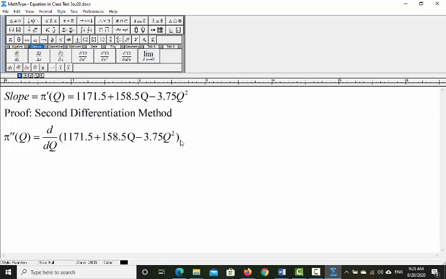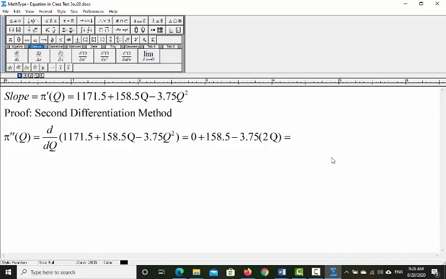This one has no variable, so this is 0 plus, and here we have only one Q, so that means 158.5 Q, sorry 5, minus 3.75 multiplied by, if you do differentiation of Q square, you will get 2Q.